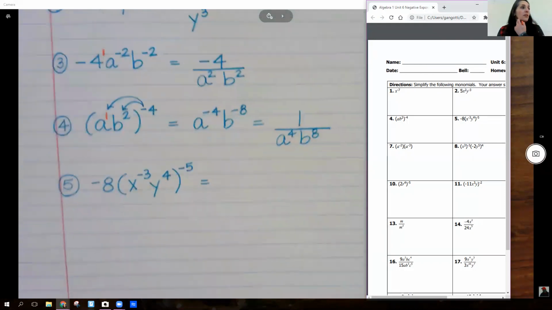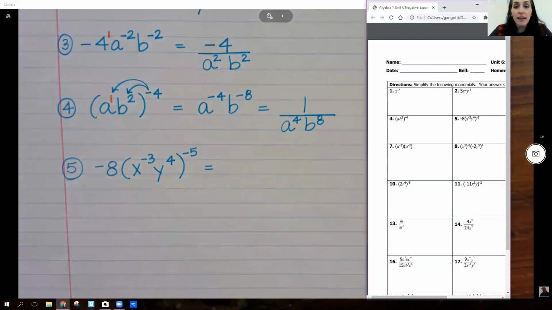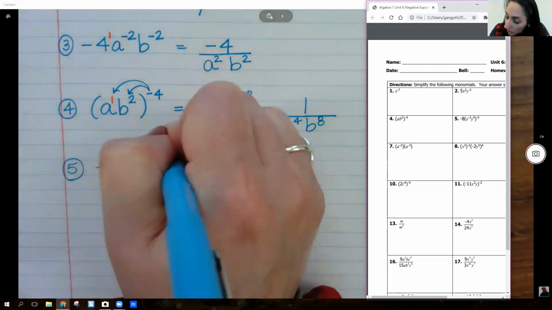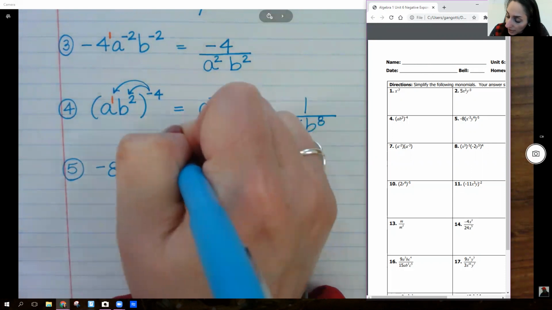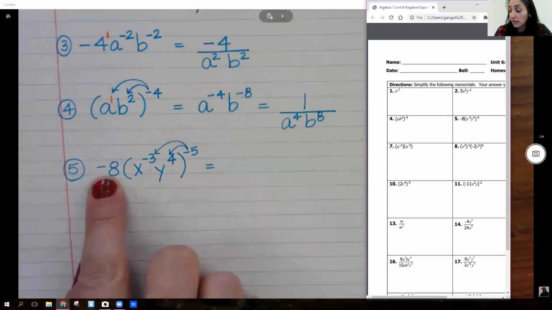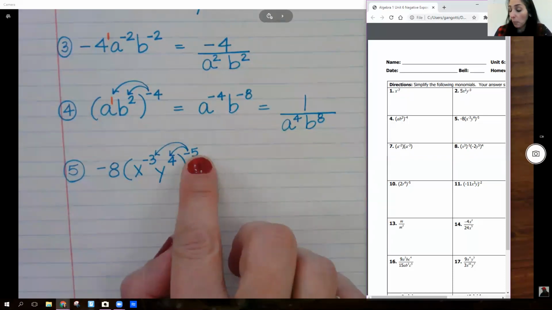Now, this also is one that looks like a lot going on. There is a lot going on, but be careful, okay? The -5 out here is only gonna go to the -3 and to the 4. You don't do anything with this -8 and the -5.